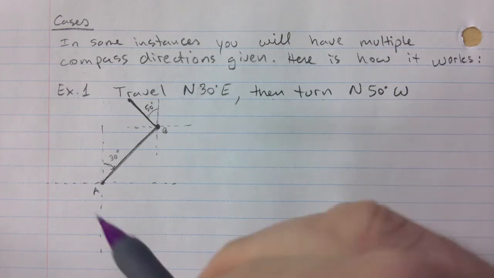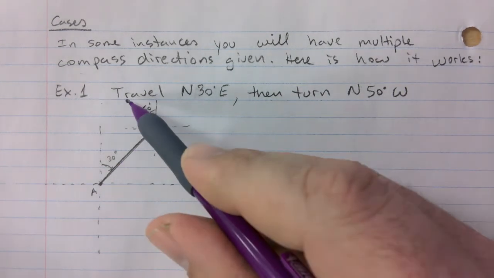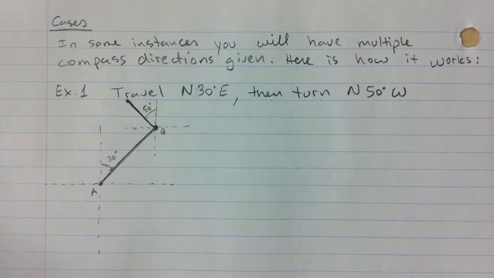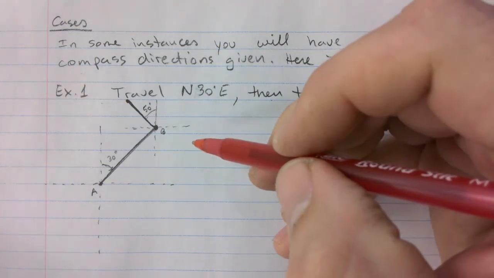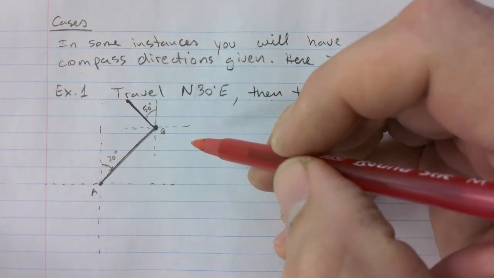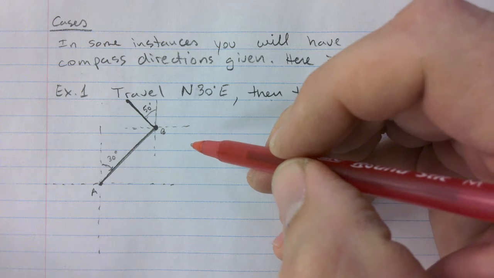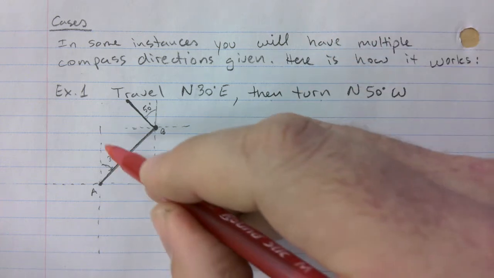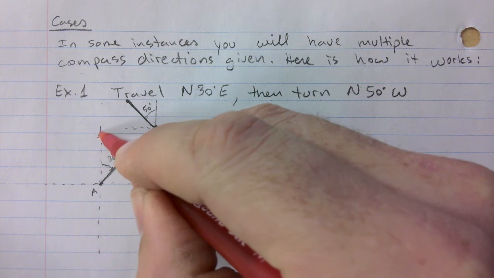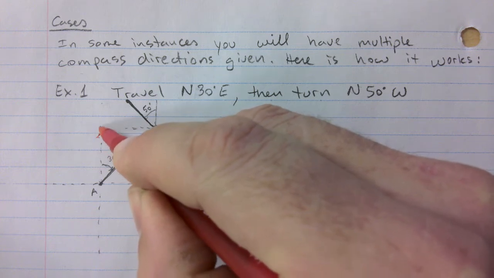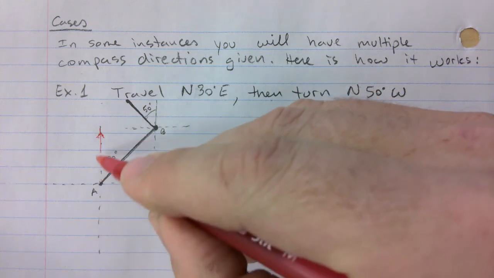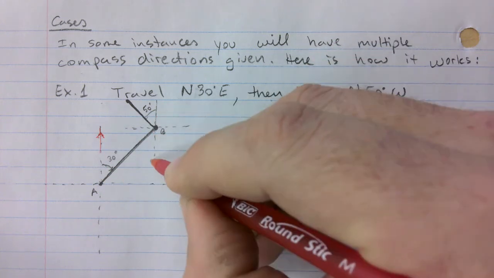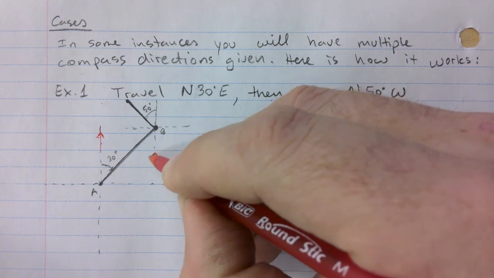Okay, so what happened here? Started, then turned. What I need you to remember here is that this line, the north-south, they're parallel lines. This line right here, the north-south line that you had here is parallel to the north-south line here. Does that make sense?